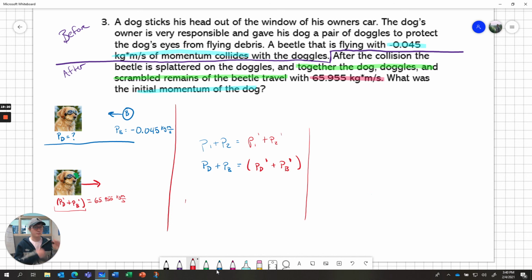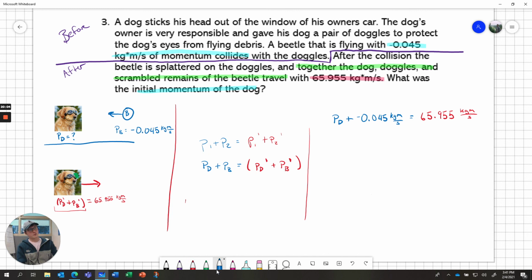All right, so let's plug in our numbers and solve. So PD, momentum of dog, we don't know what that is, so we can't change it into anything, so it stays the way it is. Momentum of beetle is negative 0.045 kgm over s. And all that is equal to the combined momentum of the dog and beetle, which is 65.955. So to get momentum of dog by itself, we need to get rid of this number.